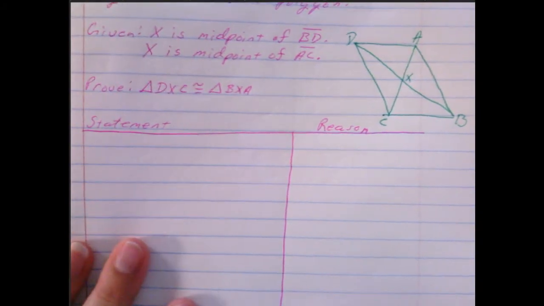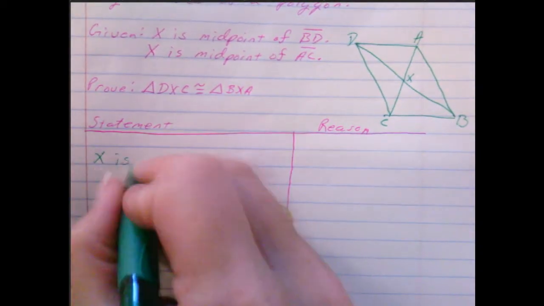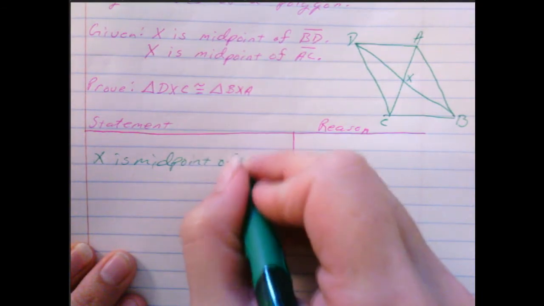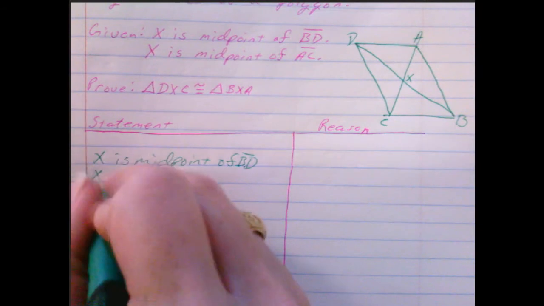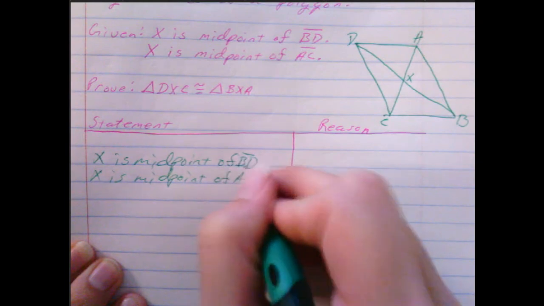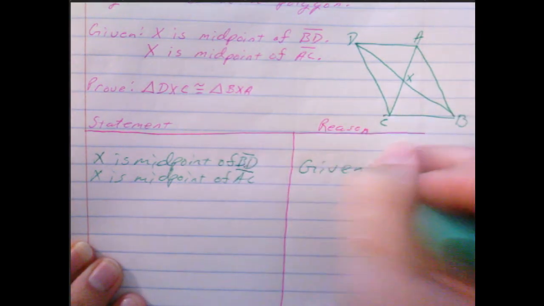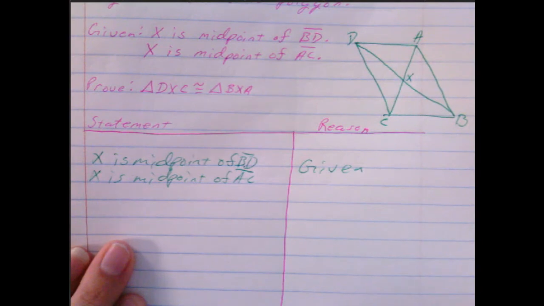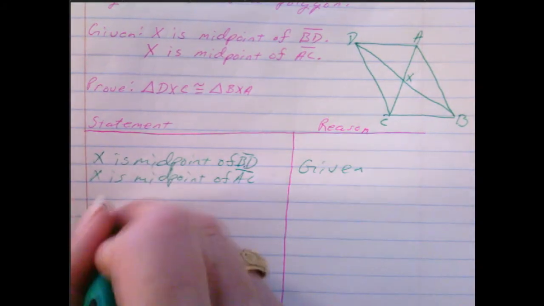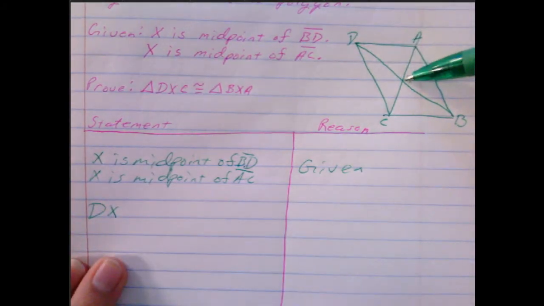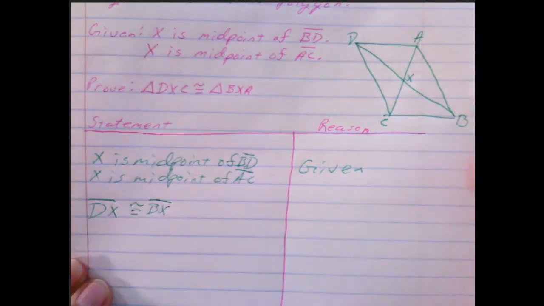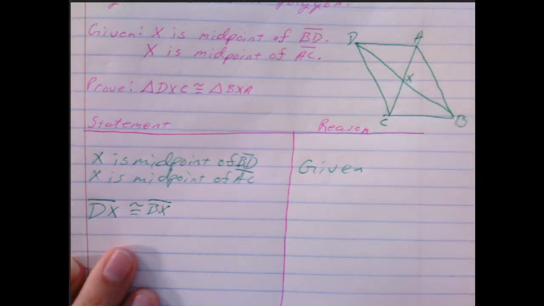Alright, so we always start out with our given. So X is midpoint of BD, and X is midpoint of AC. This was given. So then from there, because of midpoint, we can say that DX, this piece here, is congruent to BX, this one here, because of the midpoint theorem.